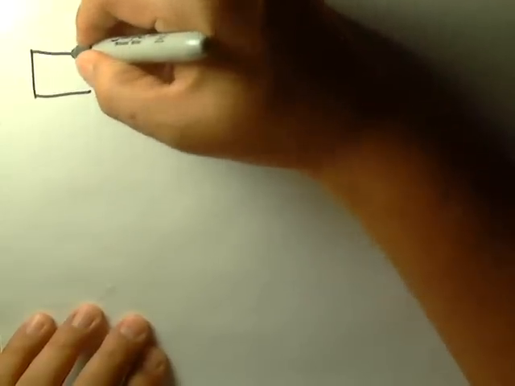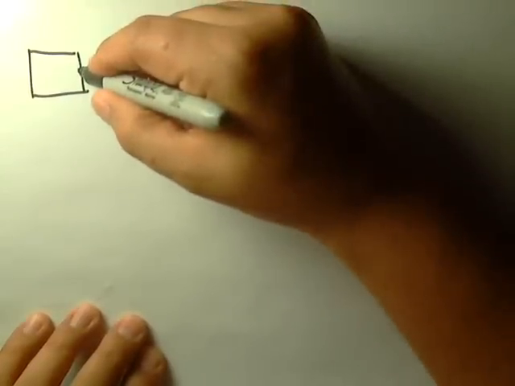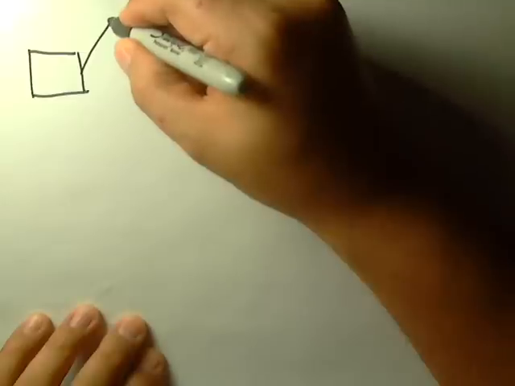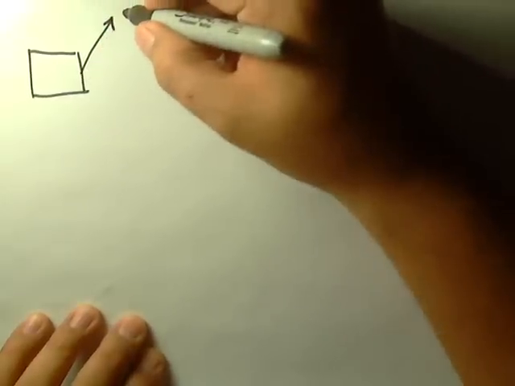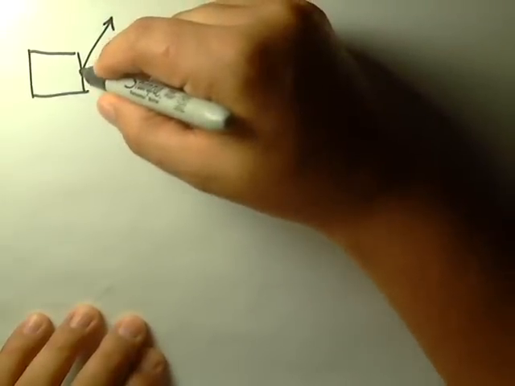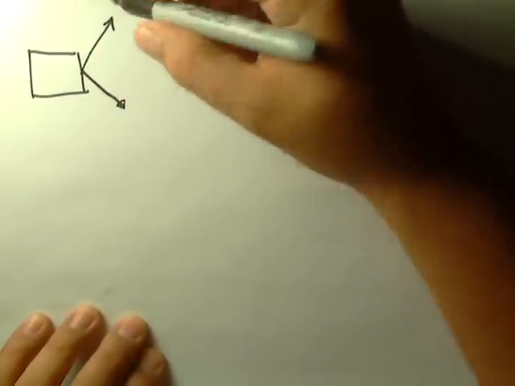First we need to have the problem, and I'm going to draw it here. I'm going to draw this box, and from here there's going to be one guy pulling this box and the other one here.